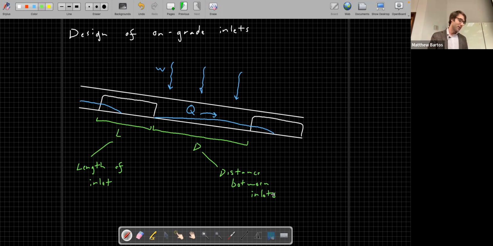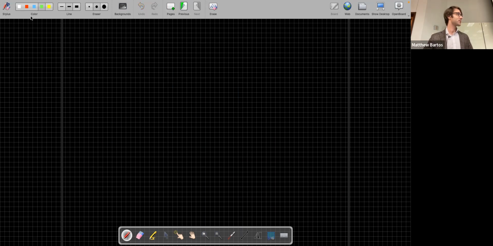Okay, so let's talk about how we can actually do this design process. So we are interested in designing these inlets to intercept a given discharge. We can express kind of our design conditions in terms of what's called the efficiency of the gutter.